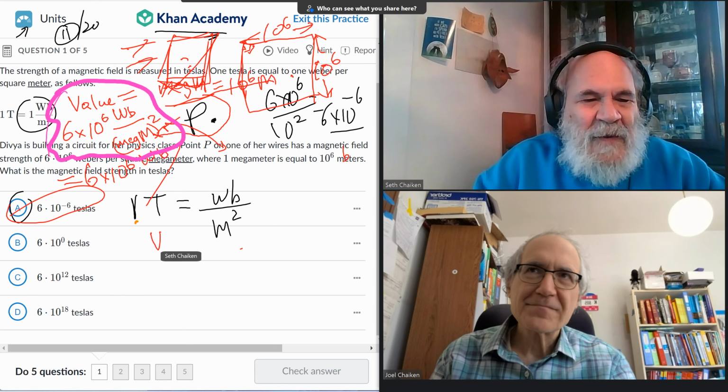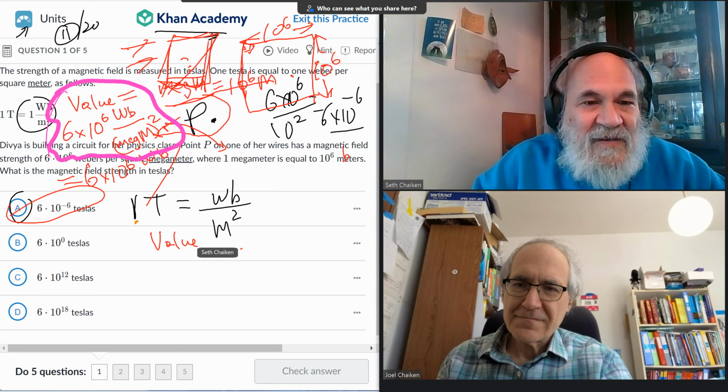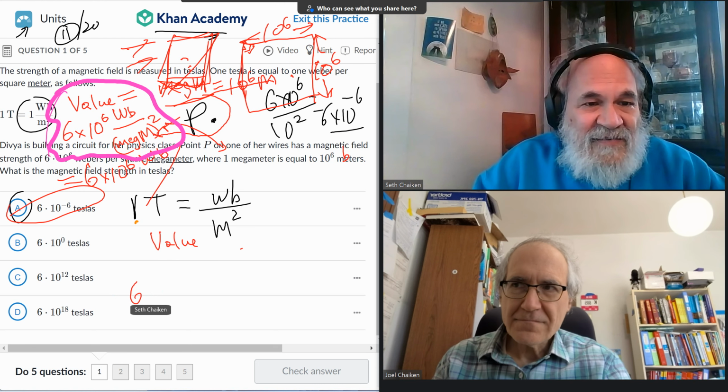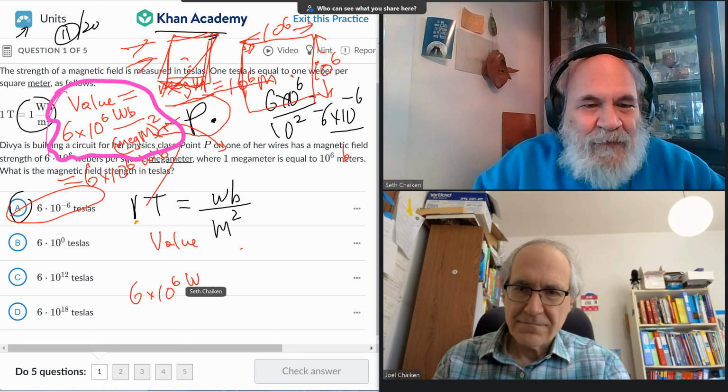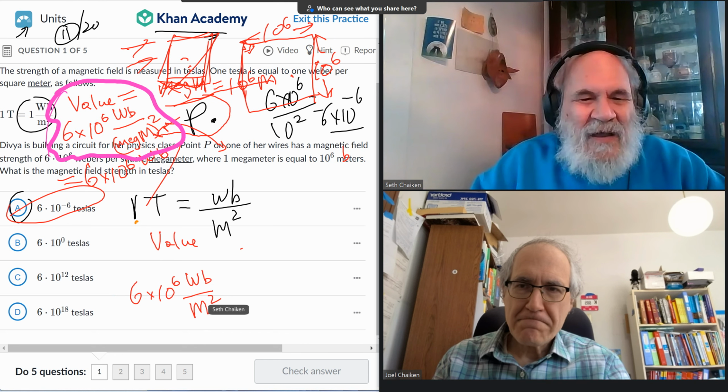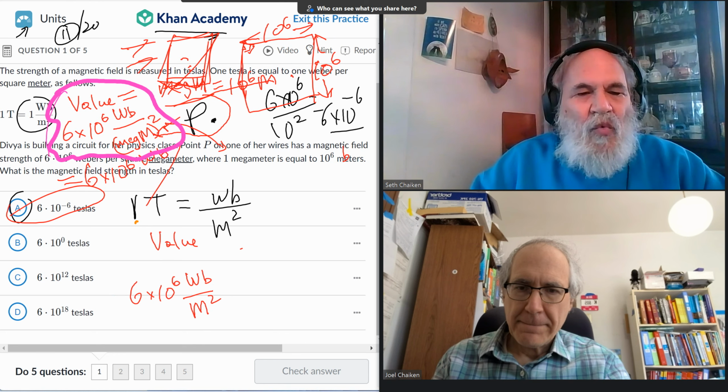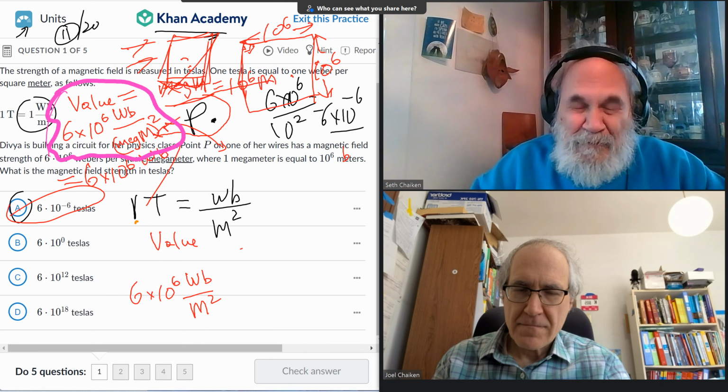The value is 6 times 10 to the 6 Webers per meter squared. Right. Okay, so here's the principle. One does not change the value when one multiplies it by 1.